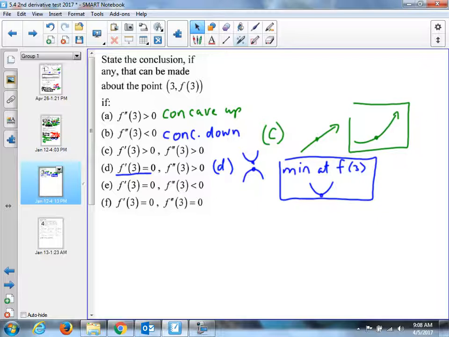And if you think of this as the quadratic with the vertex at 3, 3 comma 0, this would describe the minimum right at where the vertex is. And actually, by the time you get to the second derivative, it's a line, like it's a constant function, right? Is that clear?